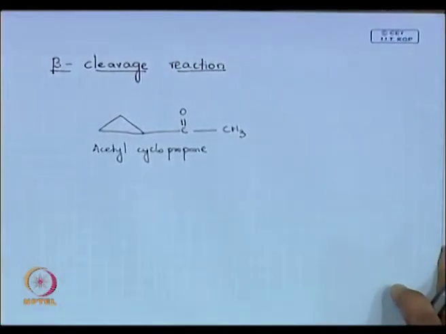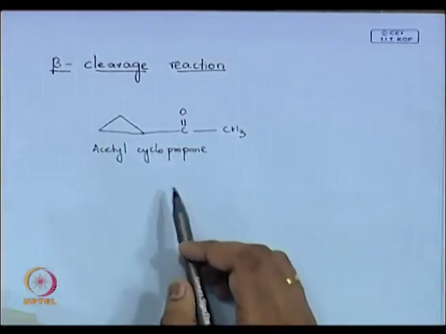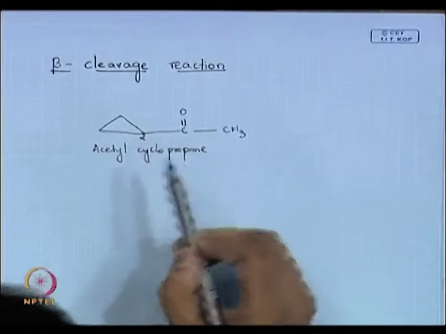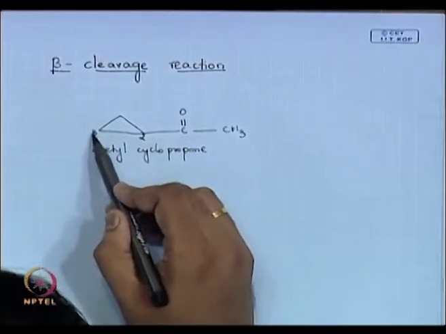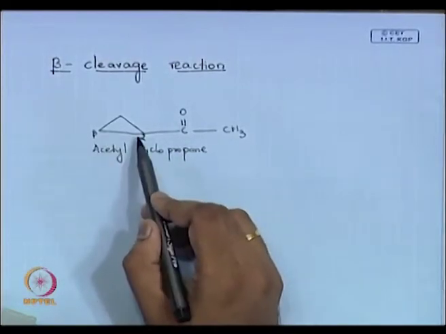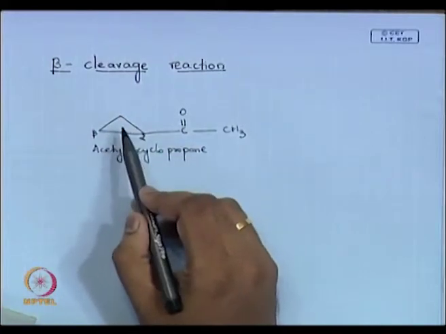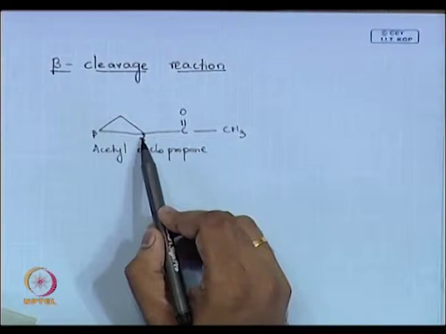If you have a system like this, and if you see the system, this is your alpha and this can be your beta, this is the C alpha and C beta bond, or you can write alpha and beta. Since the system is symmetrical, there is no need to worry about that part.